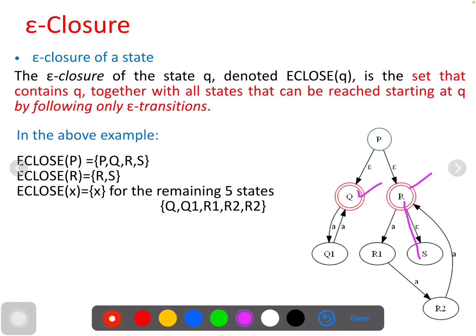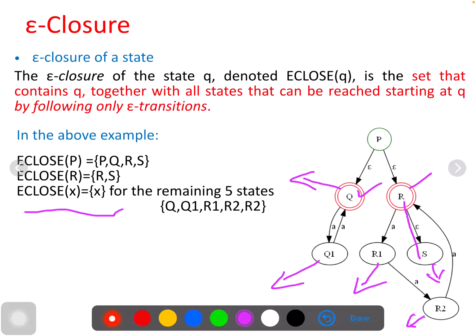So there is no path after that to reach any other state on epsilon. So for that I have defined it like this: E-closure of X is X itself for the remaining five states, because Q is Q only, Q1 is Q1 only, R1 is R1 only, S is S only, R2 is R2 only.